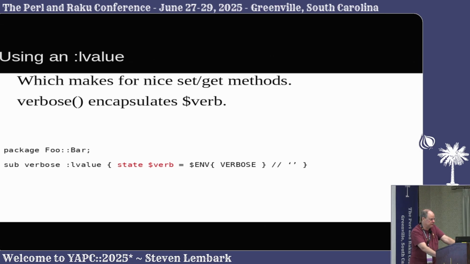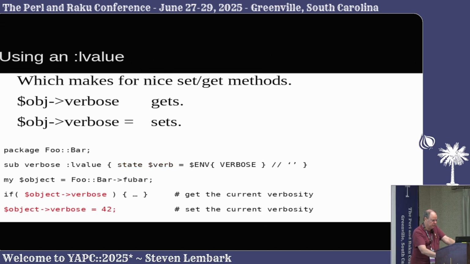I snag it out of %ENV verbose or whatever, and now I can call verbose. If I say if an object points to verbose, then I'm going to get the current verbosity regardless of whether that global has changed. If I assign to it, I'm not going to step on someone else's view of that global. So it's a good way to make sure that you've encapsulated that and put it in a safe place.